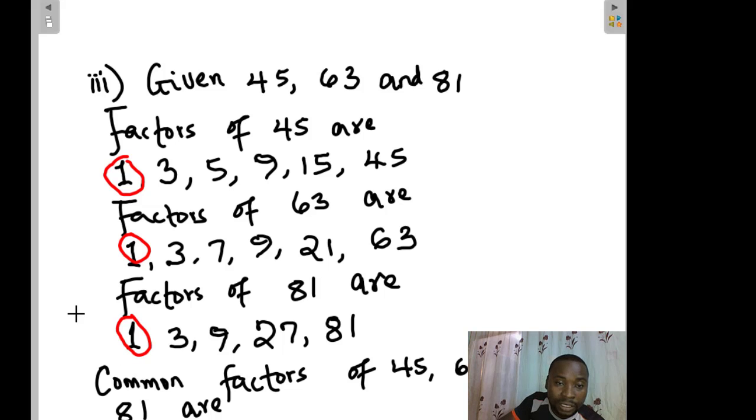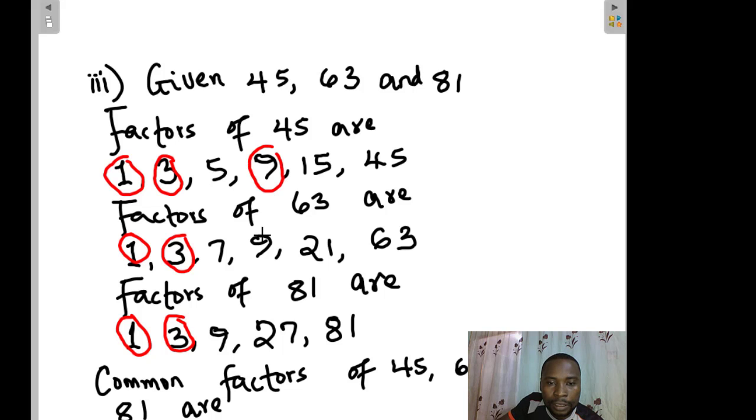They must be in all 3 places, okay? We have 3 here, 3 here, 3 here. There's 5 here, but there's no 5 here, and there's no 5 here. There is 9 here, there is 9 here, and there's also 9 here.